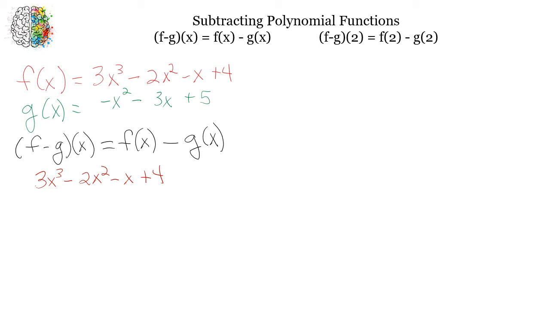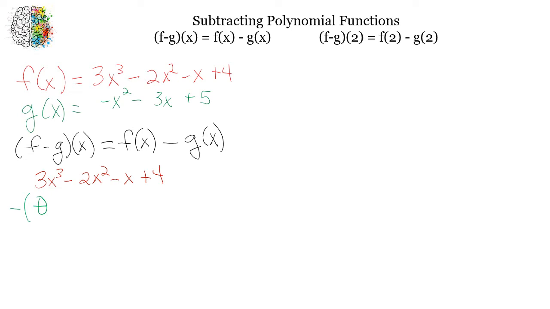And then we are going to subtract the second function. The second function is minus x squared. Want to make sure that we are lining up our variables. If you'll notice, the second equation, our g of x, does not have an x cubed.